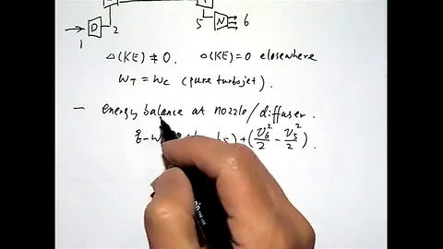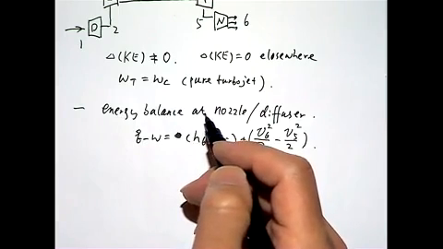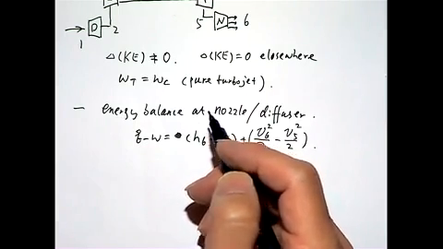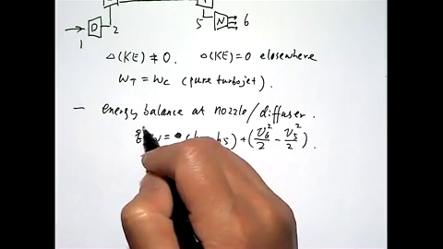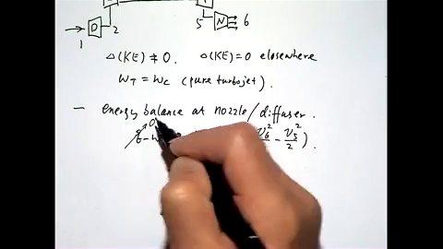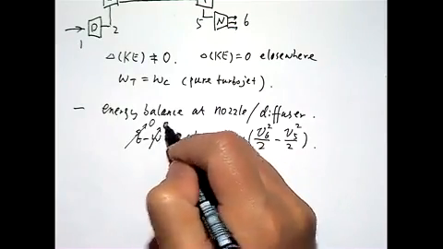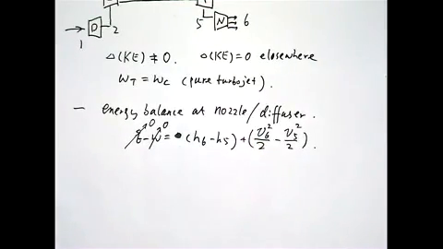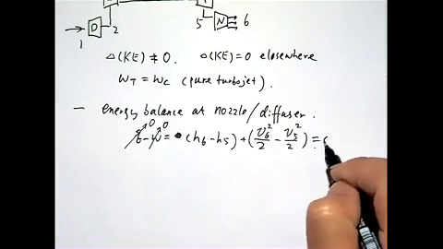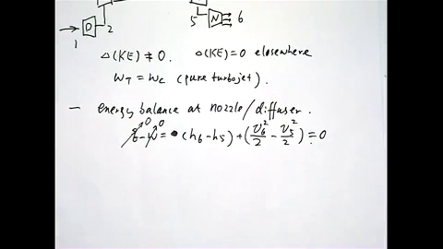So nozzle and diffuser are isentropic devices, because isentropic, by definition here, is adiabatic. So the heat term goes to 0, and the nozzle does not do any useful work. It's not a turbine, it has no useful output, so the work term also goes to 0. So you have these two terms equal to 0.